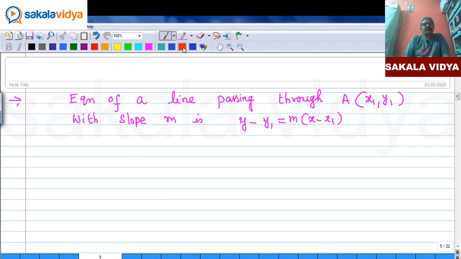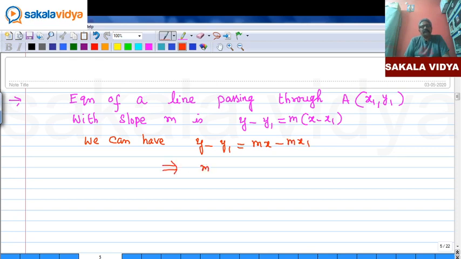Let us simplify this now. y minus y1 equals mx minus mx1.